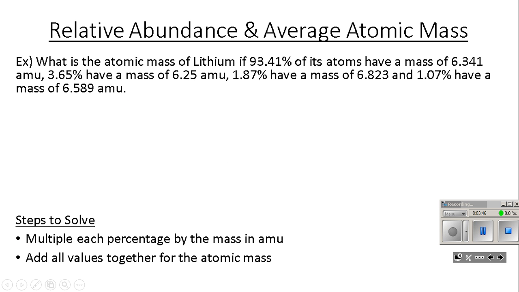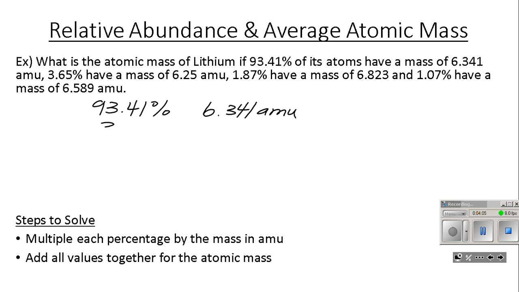So again, in this case, all you really have to do is you have to do a little bit more work to read through the question and write down what you're reading. So what is it telling me? 93.41% of lithium has a mass of 6.341 atomic mass units.